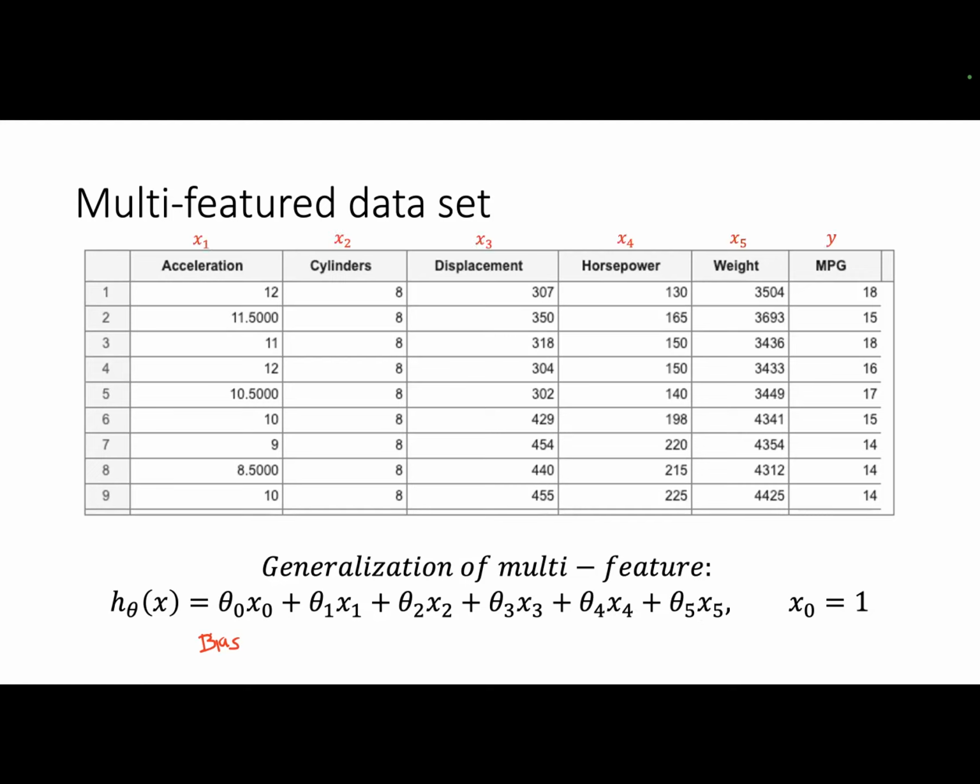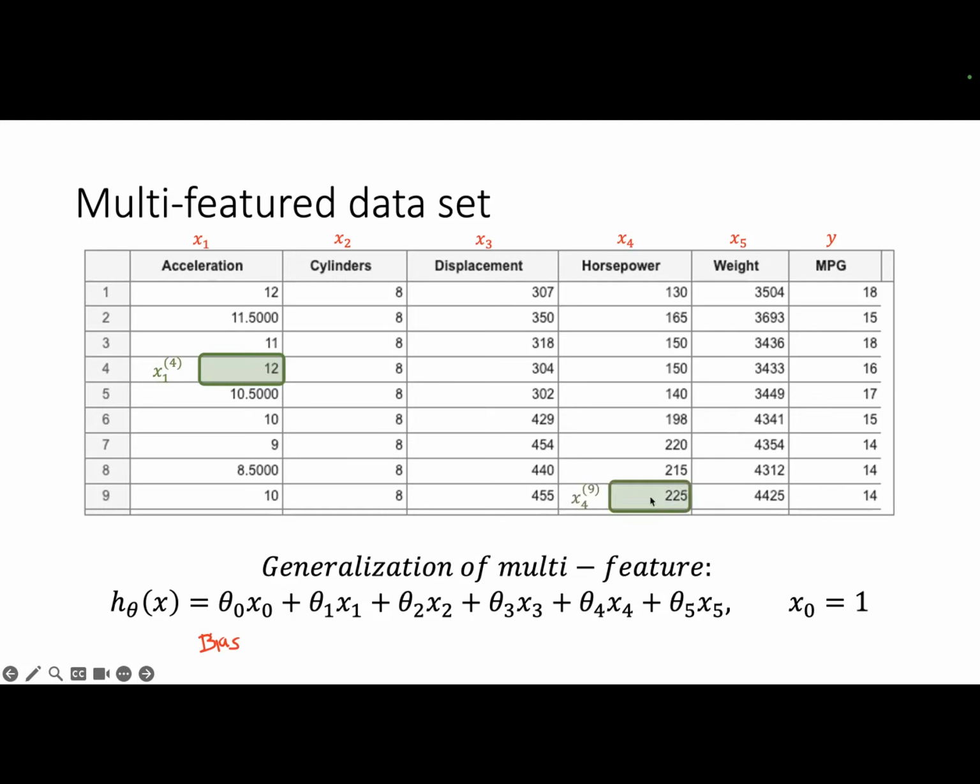Okay, so, by the way, when we refer to specific values sa table na ito, we usually identify yung superscript as the row element. Okay, so for example, itong value ng x1, which is the first column, fourth row, is equal to 12.